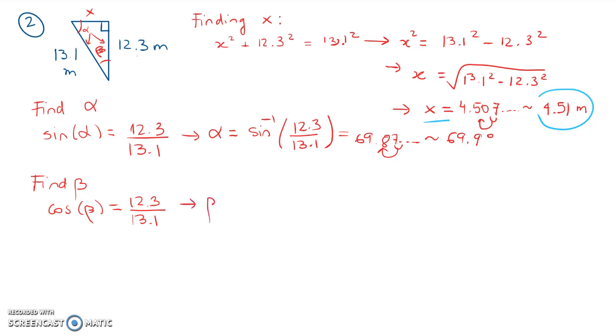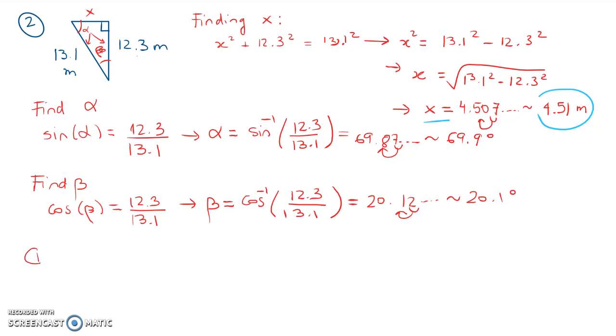So we need to use our calculator to find the angle that gives us that result, the inverse cosine of 12.3 divided by 13.1. You may stop the video and find this in your calculator quickly. And you will get that the result is 20.12, and it continues. So approximately to three significant figures, this is 20.1 degrees, because the 2 does not change the 1 that comes before.